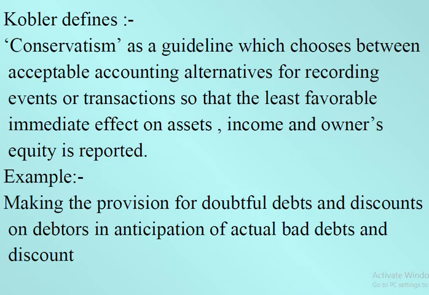So you should provide for discounts on debtors in anticipation of the actual bad debts and discount. If your doubtful debts are increasing day by day, you should increase the discounts, and you should also anticipate the actual bad debts.